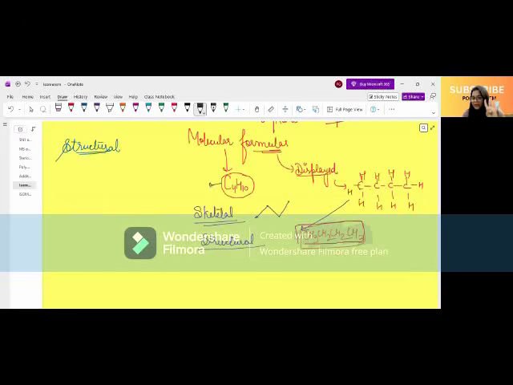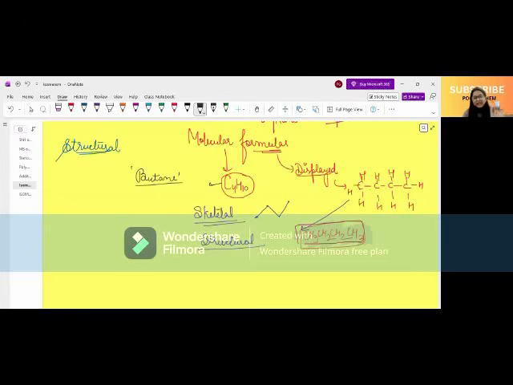What's the name for C4H10? 4 carbons means but, and all single bonds means ane. So the name of the compound is butane. That means the molecular formula of butane will be retained, with 4 carbons and 10 hydrogens, but the structure will not remain the same.